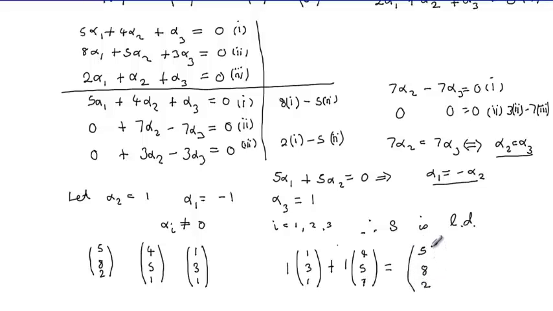Which means the first vector given there is a linear combination of the other two. So that's what linear dependence actually means.